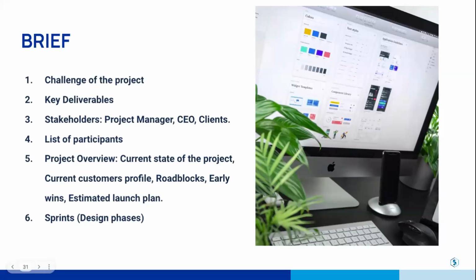Then we have to write the project overview. We have to write the current state of the project. For example, the first observation for improvements. There is already a previous product and it is going to be redesigned or improved.